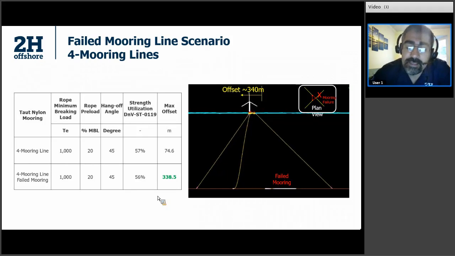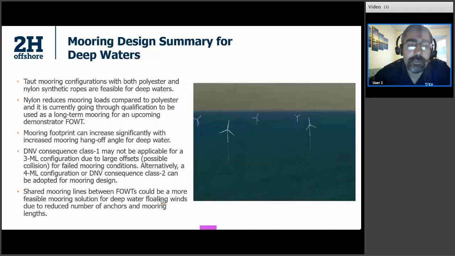What happens is it takes away the risk of collision with the neighboring structure, and we can still meet consequence class 1. So if you want to use consequence class 1 and get rid of the risk of collision with the neighboring structure in deep water, we have to have 4 mooring lines.